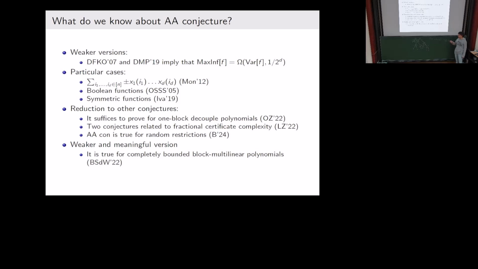The other work I want to highlight is a weaker but meaningful version, by Van Salsing and de Wolf, that says the Aaronson-Ambainis conjecture is true for completely bounded block multilinear polynomials.